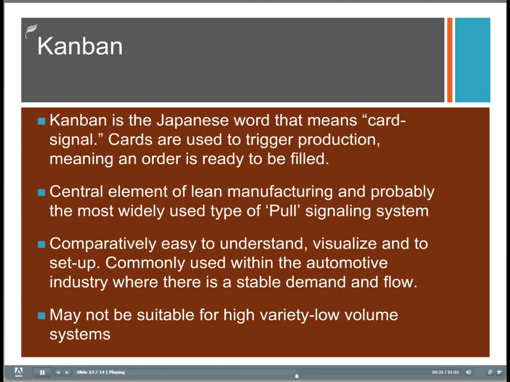So in essence, the product is pulled through the system and there's no extra inventory, and this reduces our overall cost. This is commonly used within the automobile industry, and there are other industries that are working harder and harder to get to where they have a flow that follows this KanBan approach.